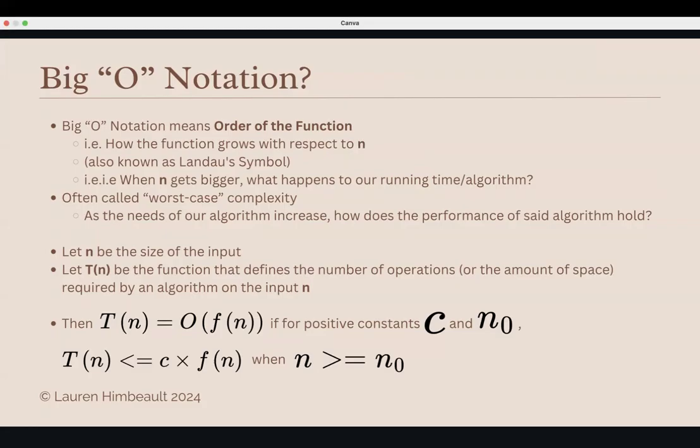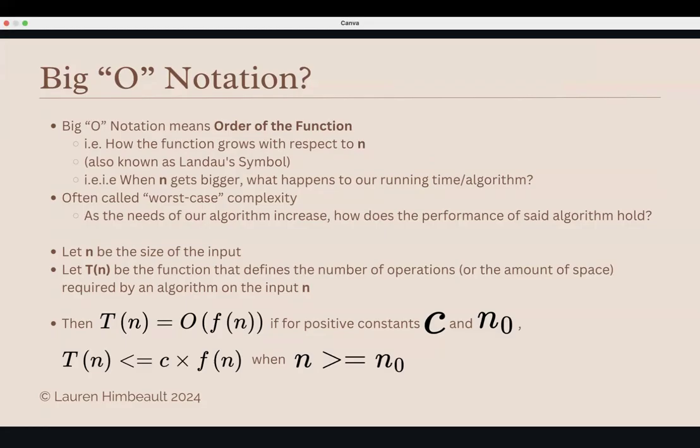But what that means then is that when we take that f of n and stick it into that big O, that order of the function, we're definitely sure that T of n is going to be less than or equal to c times f of n, right? C times f of n can only be bigger because T of n is effectively f of n. And so we end up with this c being greater.